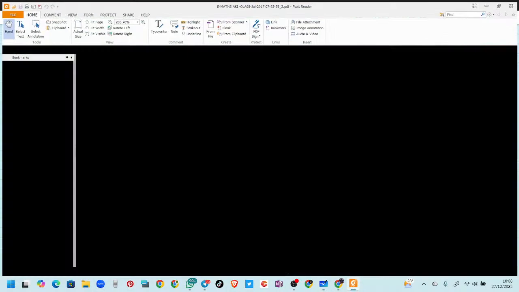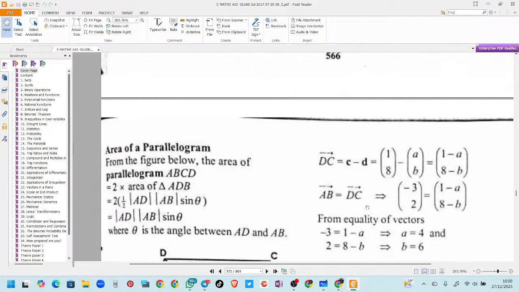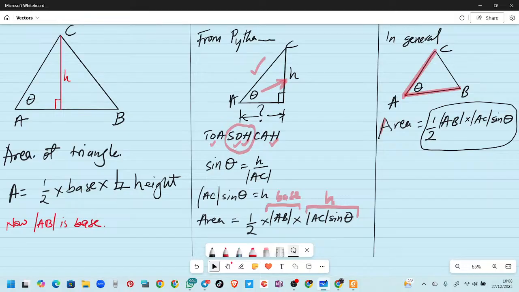Going to something else. We have the proof of the parallelogram. So you can screenshot this one too. Okay.